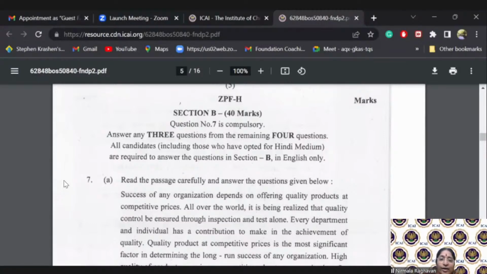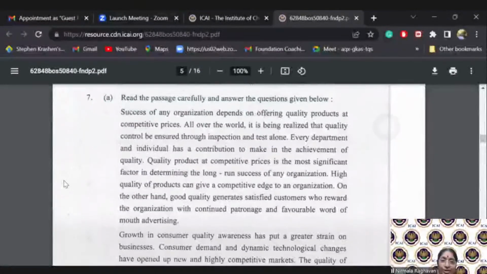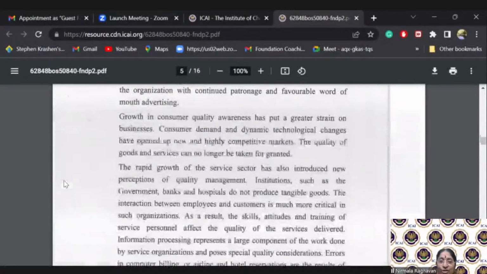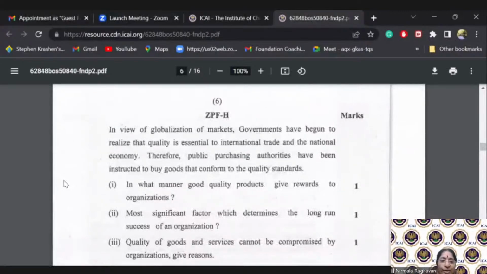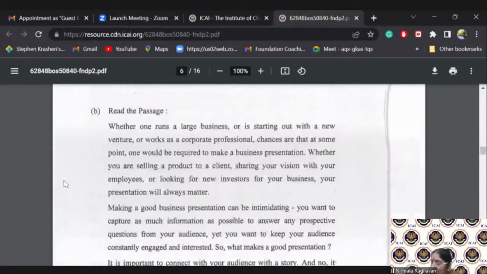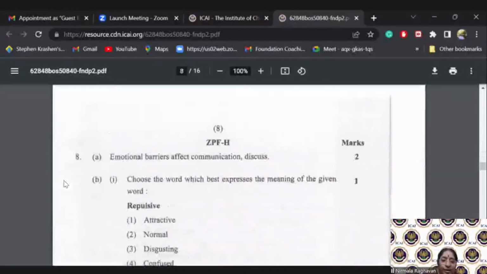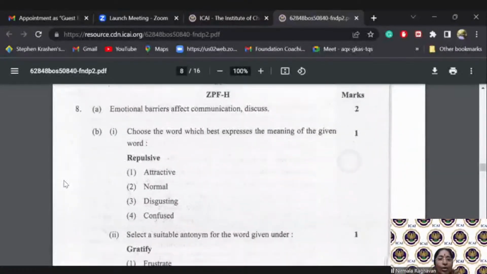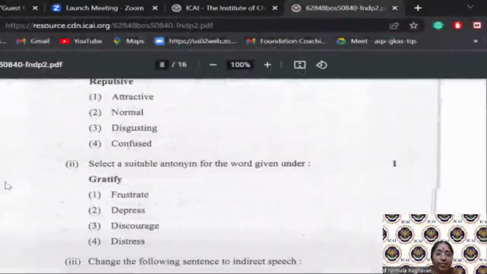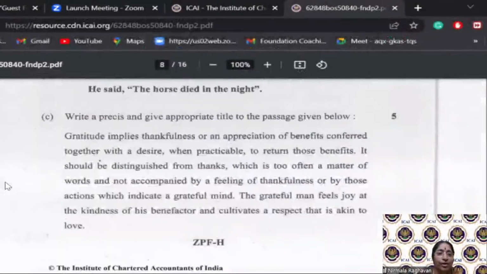Okay. Now, read the passage carefully. 7A is comprehension. Okay. 7B is note making. Now, okay, this has gone to the 8th one. Let me see if we have the Prezi. Yeah.